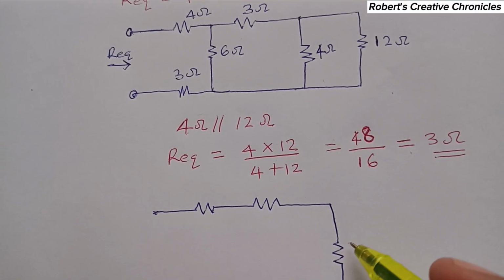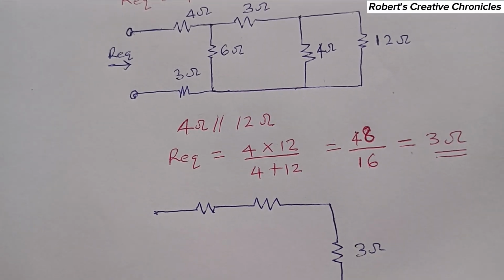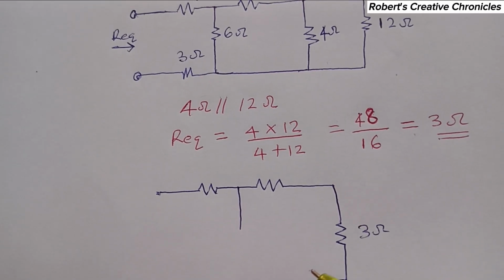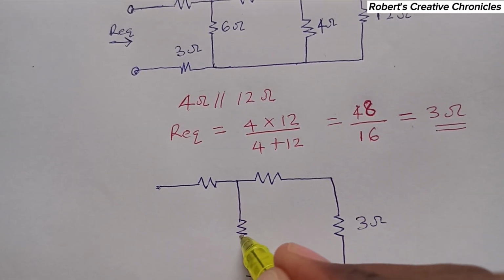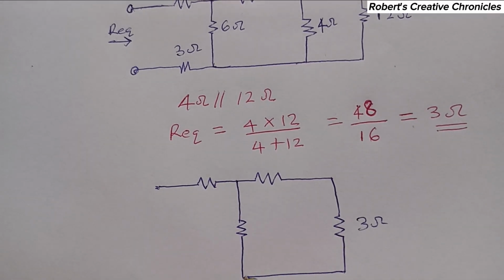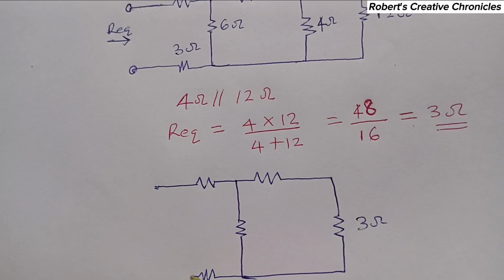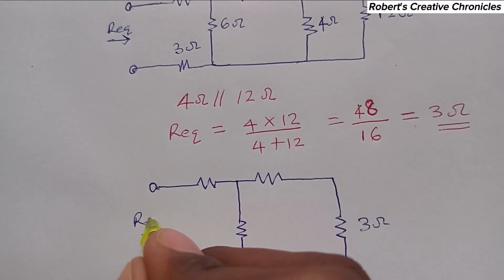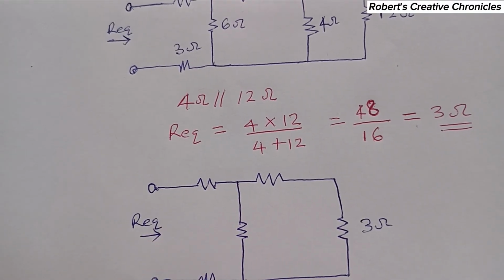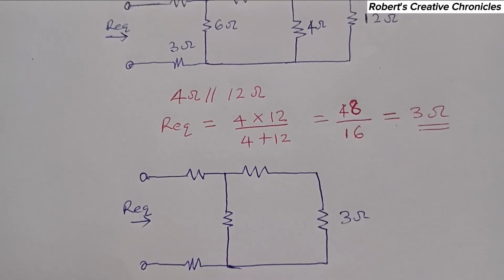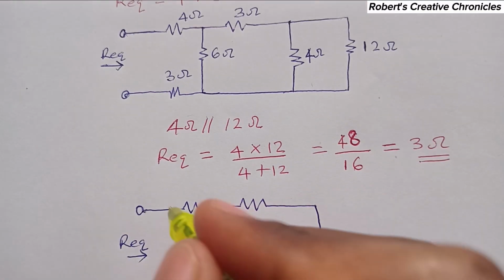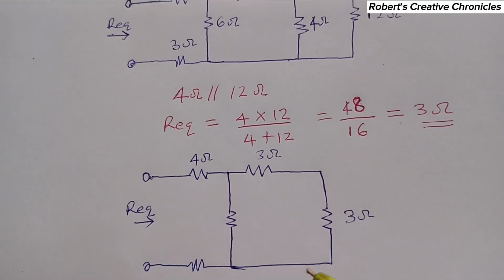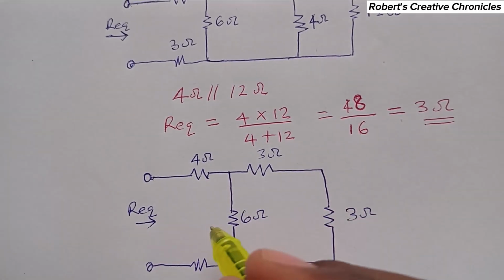So the equivalent is this. This is 3 ohms. So this one and this one is 4 and 3 ohms. Then this one is 6 ohms. This one is 3 ohms.